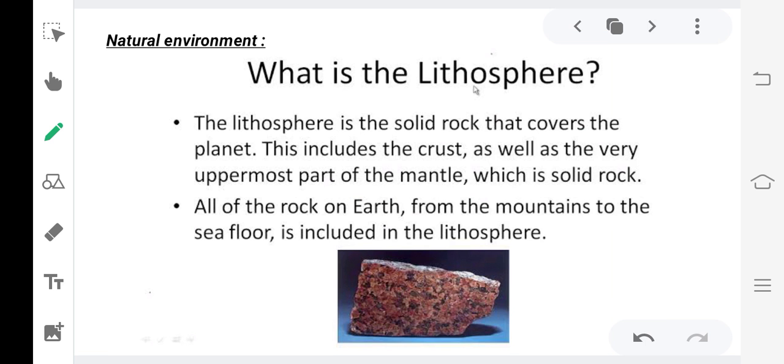Now we have to know about the natural environment. The first one is the lithosphere. What is lithosphere?